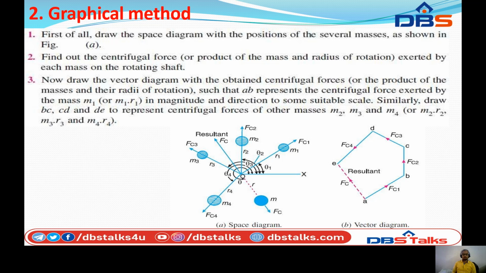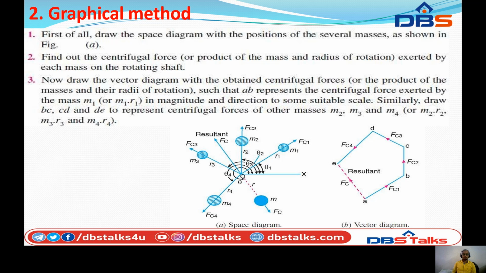After solving either graphically or analytically, the solution for the balancing mass, in both magnitude and direction, will be the same. So here there is no need to calculate each and every direction or angle.